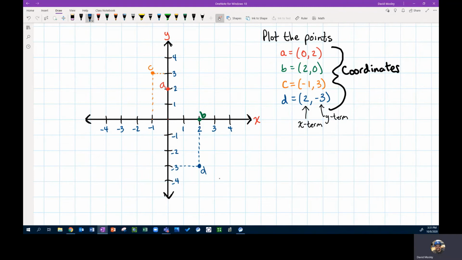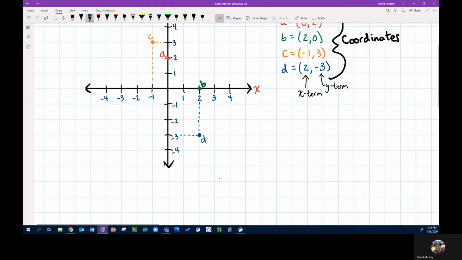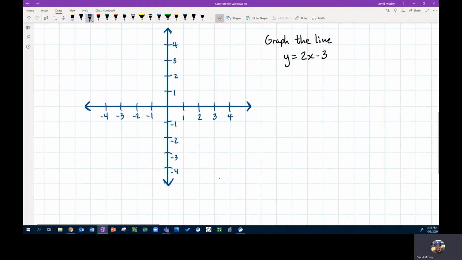So next, let's look at graphing a line. All right. So there's a couple different strategies when it comes to graphing a line. We can start by identifying the key features we know from what a linear function is, or from the equation.